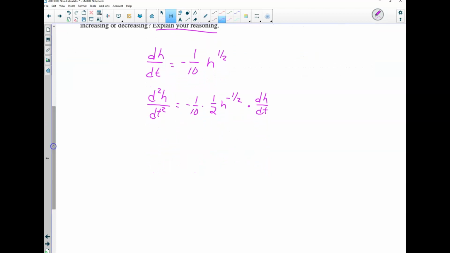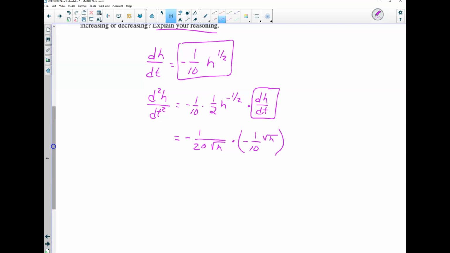So this is going to give me negative 1 over 20 times the square root of h in the denominator, times, what the heck is dh/dt? Well, dh/dt is negative 1 over 10 times the square root of h.